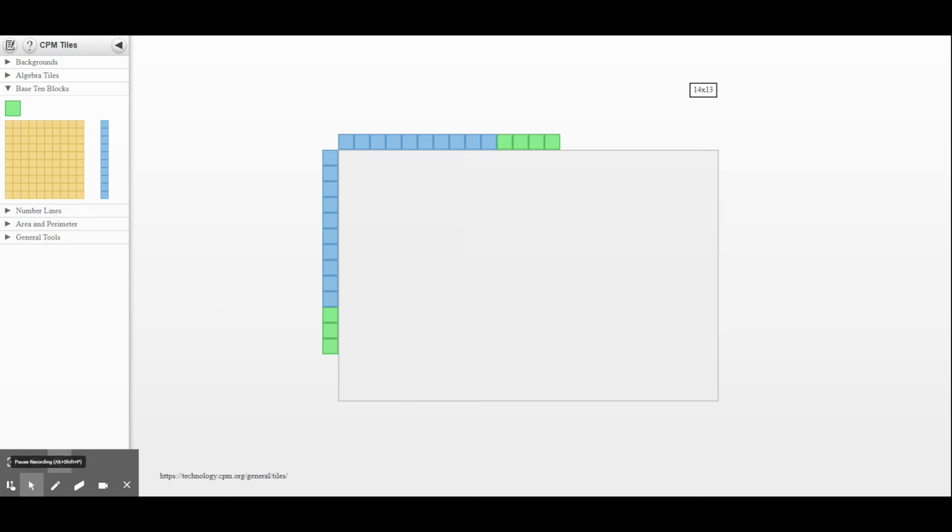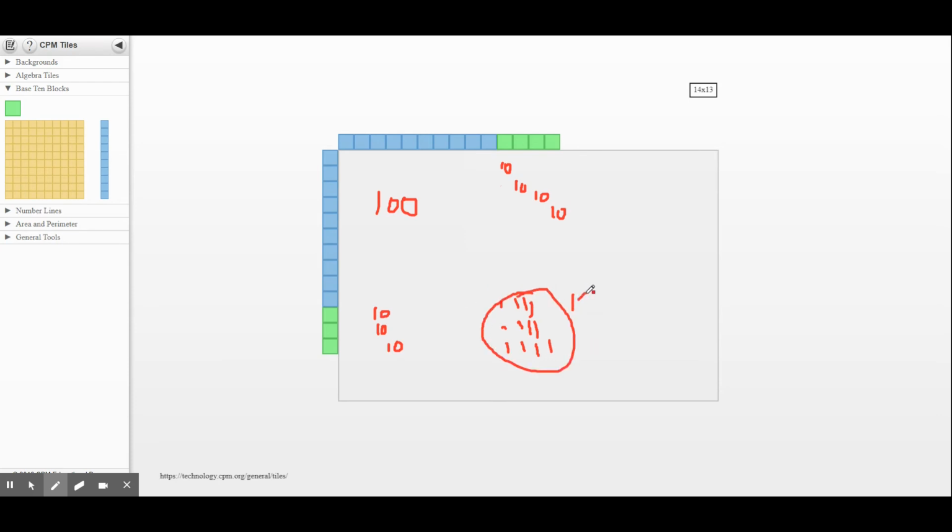The next question, 14 multiplied by 13. So I have 100, 110, 120, 130, 140, 150, 160, 170 plus 12, 182.